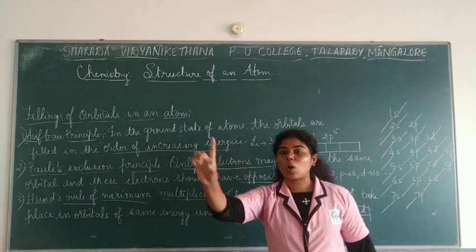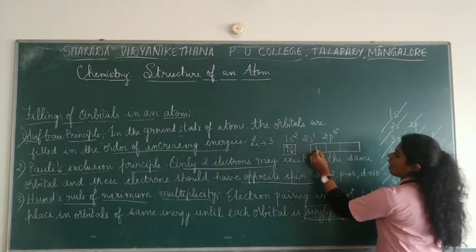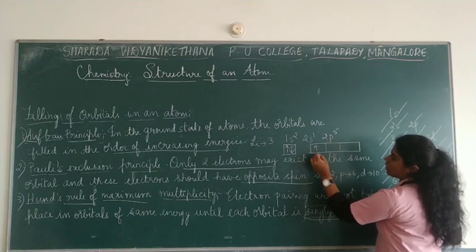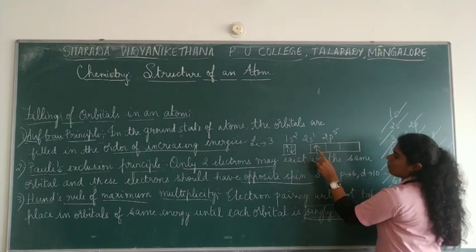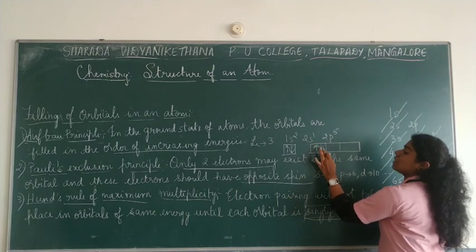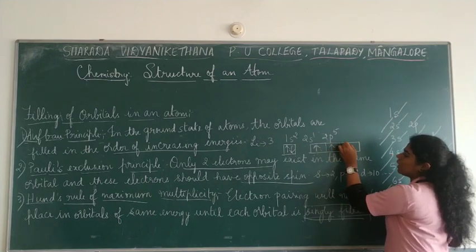No, it should be 1, 1, 1 and then you start pairing. For example, to fill 2p5, I start from the first orbital, 2px, 2py, 2pz. I put 1 electron in 2px. Do I put the next one here like this? No, this is the wrong way. Instead, I put it in the next orbital and make it singly filled.